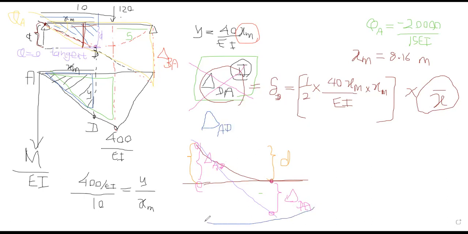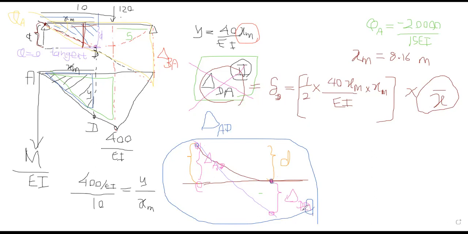So I hope you clearly got this idea. Otherwise you will wonder what to take, delta dA or delta AD. So from this method you can see what to take. If you are taking at a particular point, you extend the other tangent to that point, and it's with respect to that tangent.